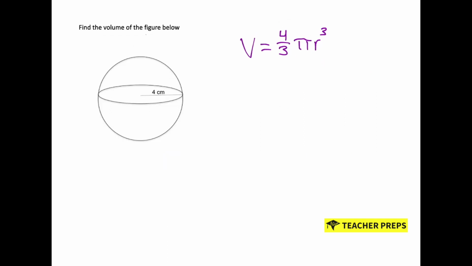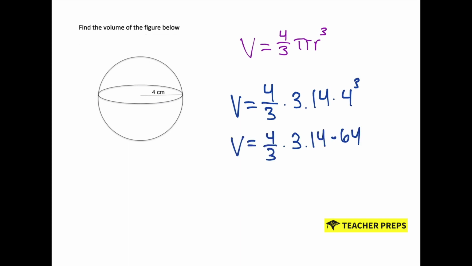The last figure we're going to talk about is a sphere. The equation to find the volume of a sphere is completely different than the other 3D shapes. That's because a sphere doesn't have a base. To find the volume of a sphere, we're going to take 4/3 times pi times r cubed. Pi's rounded version is 3.14, and on this shape, our r is 4 because that's the radius. 4 times 4 times 4 is 64.